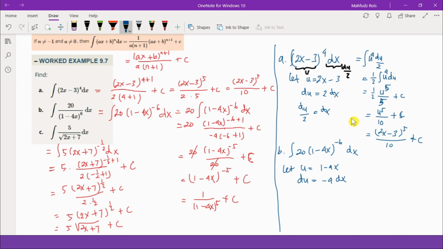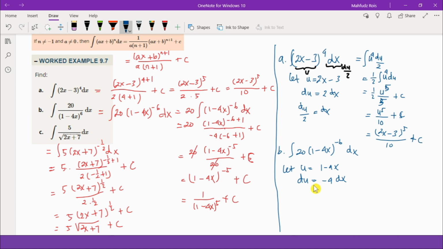The differentiation of 1 minus 4x is minus 4 dx. Since here we have 20 dx, in order to make 20 dx, we have to manipulate du here.